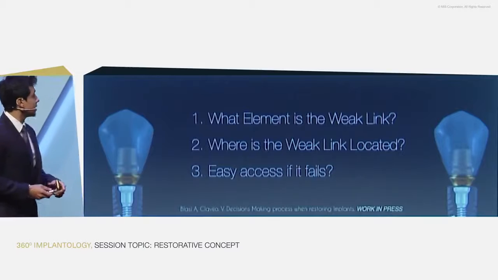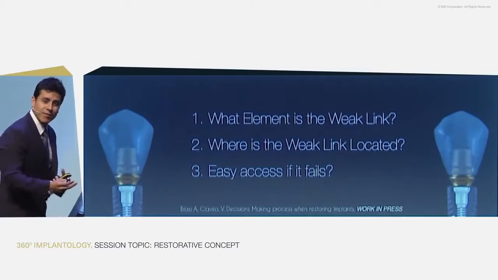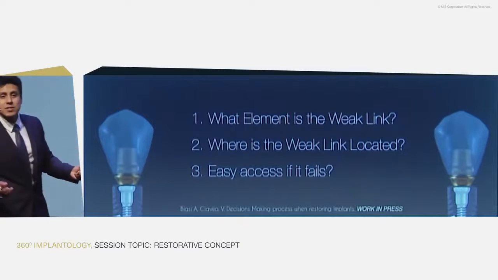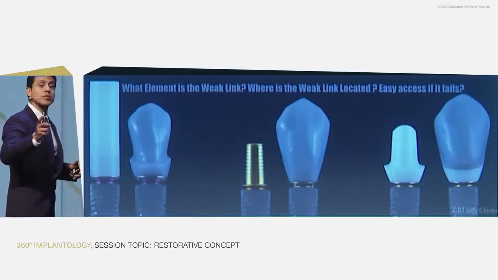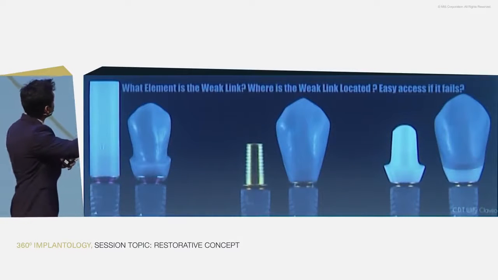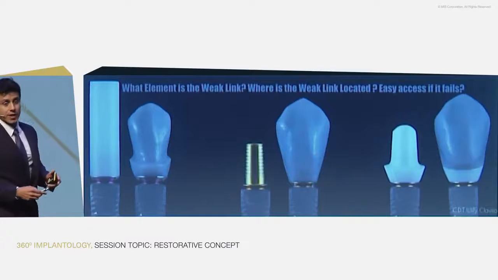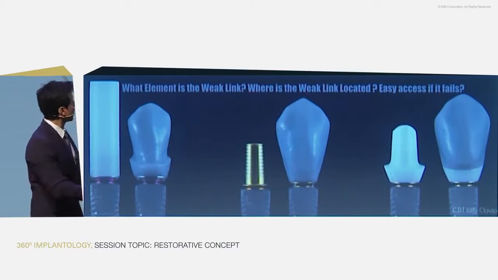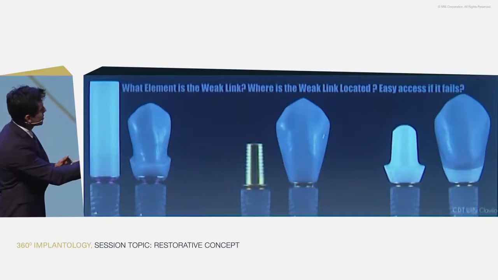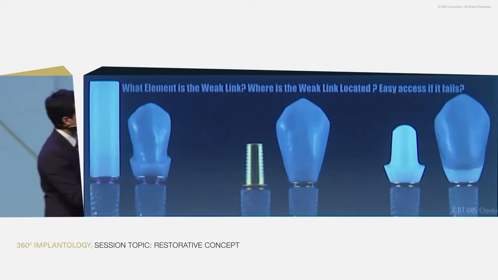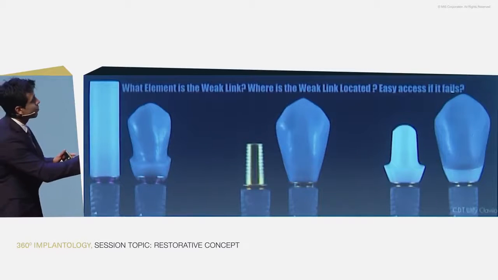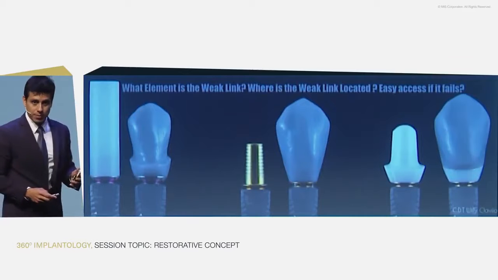Where is the weak link located? And if we have some failure, how can we manage this failure? With the normal options for posterior restorations, we have the cast, we can do metal restorations, we can place zirconia on top of the T-base, or we can use the prefabricated zirconia and place monolithic disilicate on top.